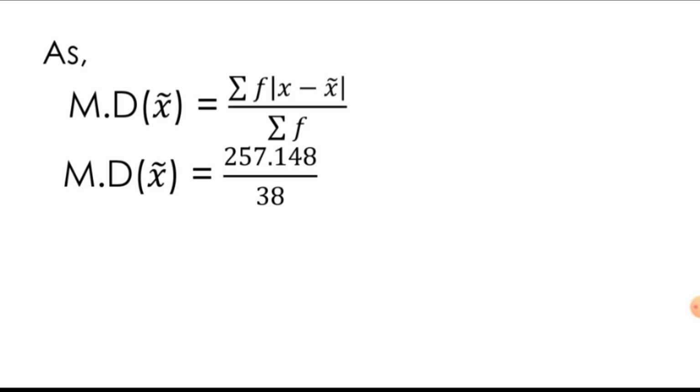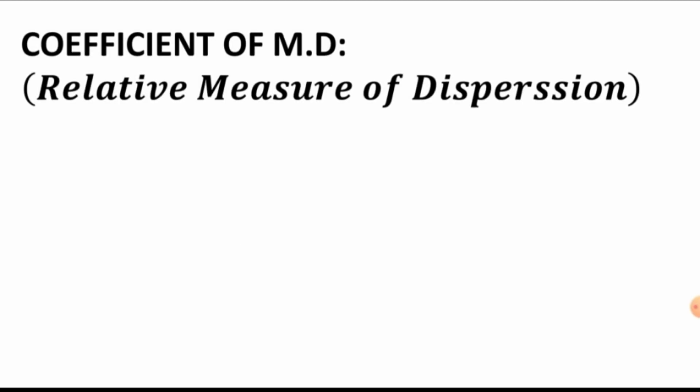So 257.142 divided by 38, we will get 6.767. The value of mean deviation about median equals 6.767. Okay, after that we have to find out the coefficient of dispersion or coefficient of mean deviation, which is known as a relative measure of dispersion.